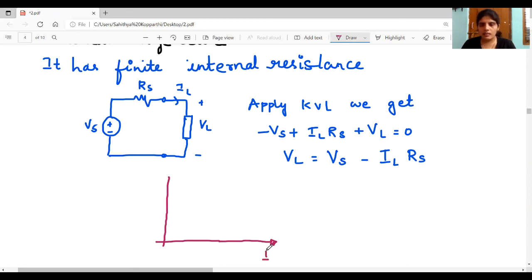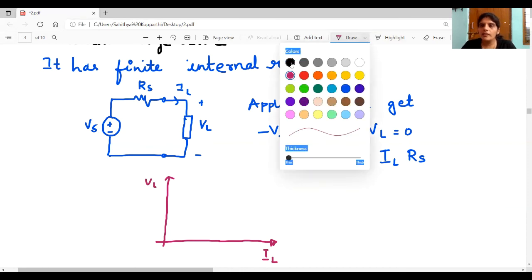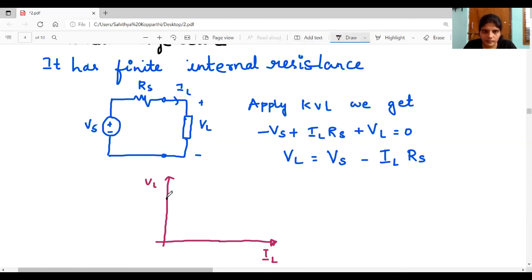When IL is equal to 0, when you substitute here, VL will be equal to Vs. But with the increase in the load current, as you keep on increasing the magnitude of load current, this VL will reduce.